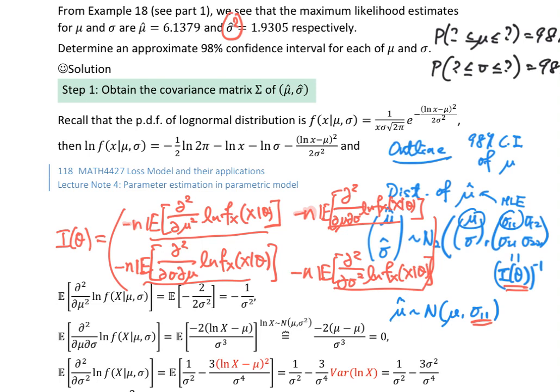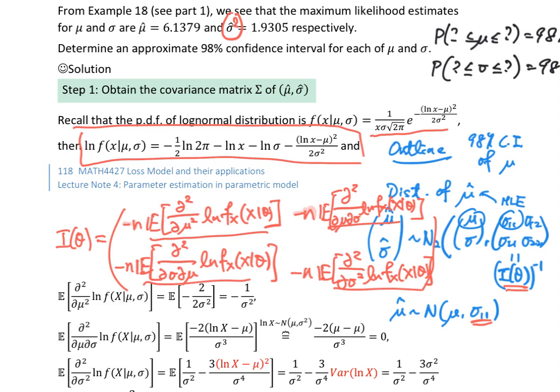In order to compute these expected values, just remember the procedure that we use in our class. First of all, you first obtain the formula for your log of f. Recall that for the normal distribution, the PDF is given by this formula. After you take the log, the distribution function can be separated into 4 terms, 1, 2, 3, 4, just by the property of the log function.